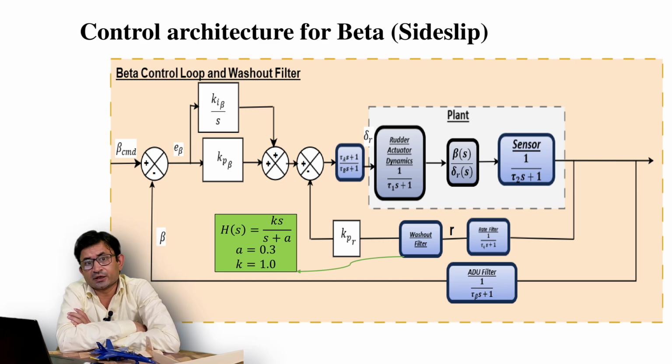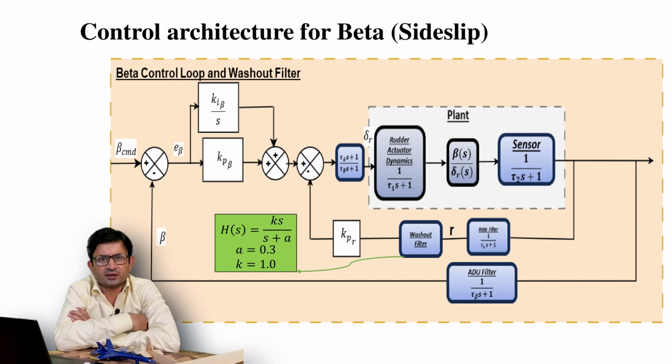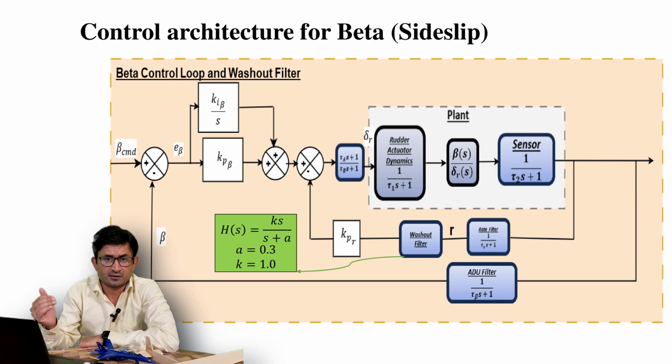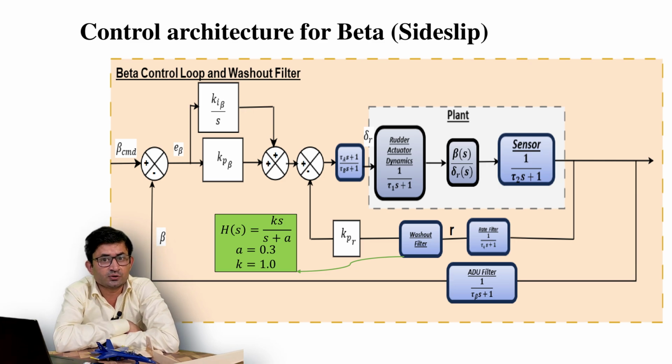And let's say you are taking a coordinated turn, where you do not want this kind of compensation. Generally, as I already told you, when a gust hits the vertical surface, you will use the washout filter. So what about the standard case where you are taking a coordinated turn? In that case, the washout filter will block the signal. That is the beauty of the washout filter.